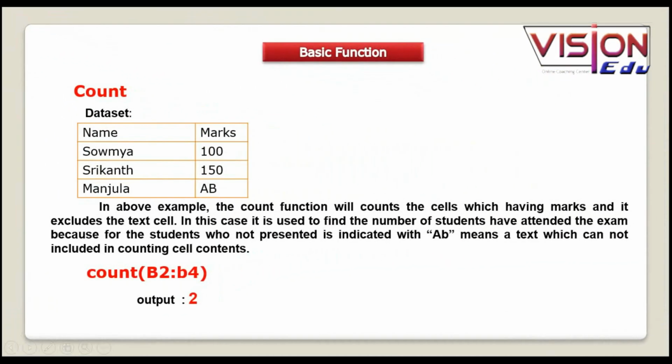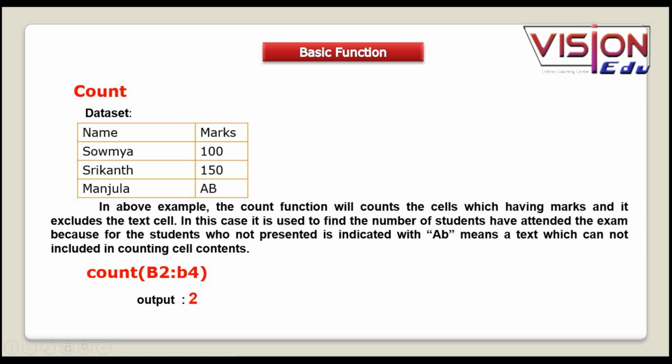Suppose you have a data set of students and their marks. If a student is absent, instead of the marks they are indicated as AB, the short form for absent. The students who attended the examination have their marks given in that particular column.